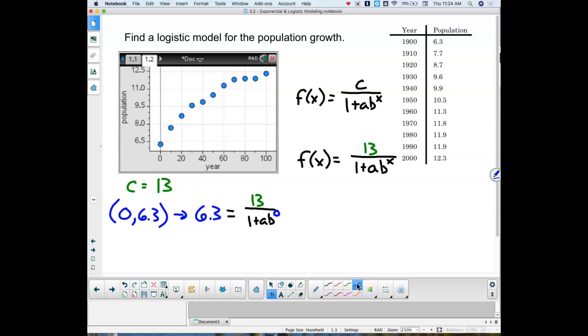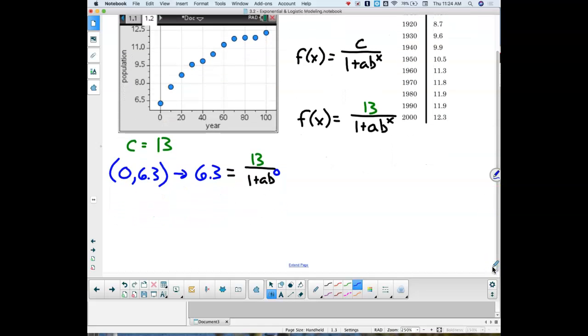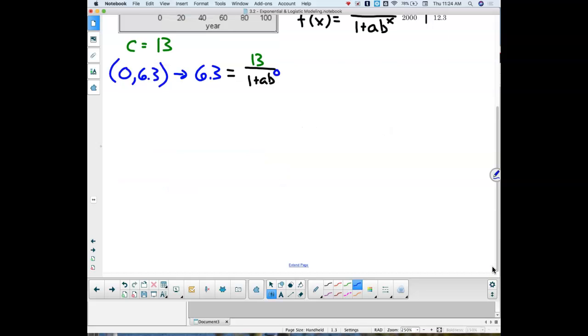What is b to the 0 power? 1. So this is just 6.3 equals 13 over 1 plus a. How do I solve for a?